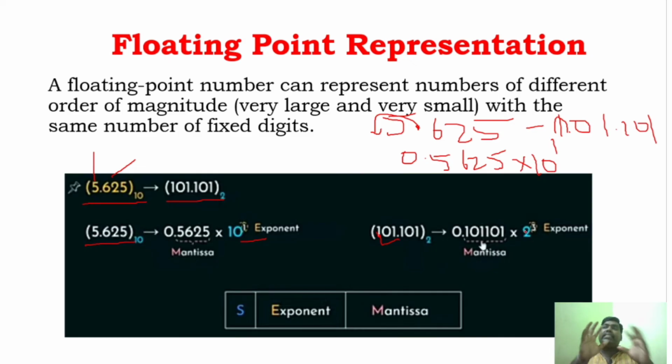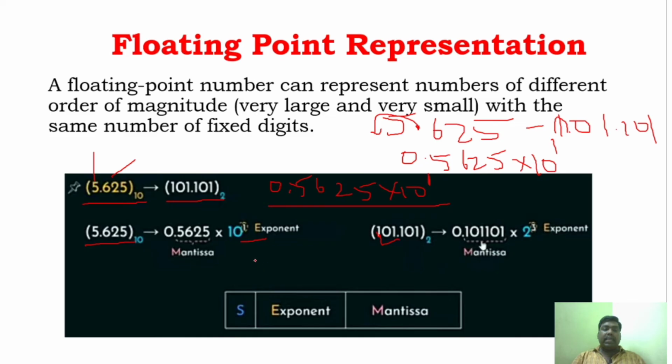So what do you understand from this? This value is represented as 0.5625 into 10 to the power of 1. This number has three parts. First, it does not have any minus sign, and we know that if there is no minus sign, it is a positive number.